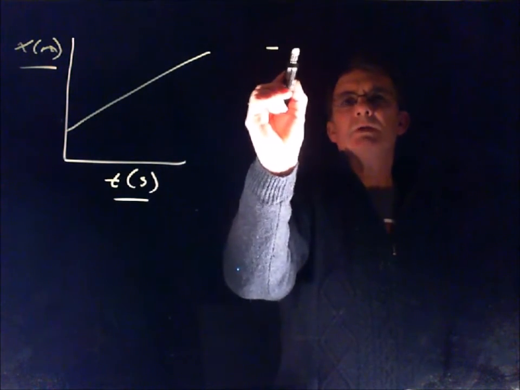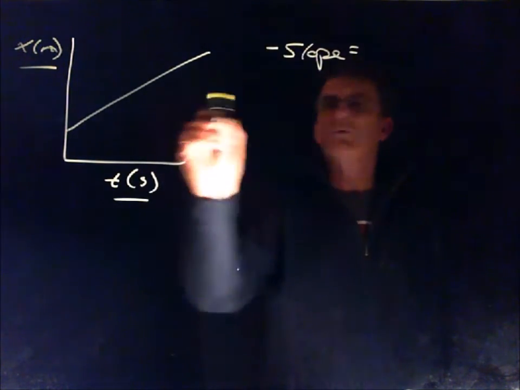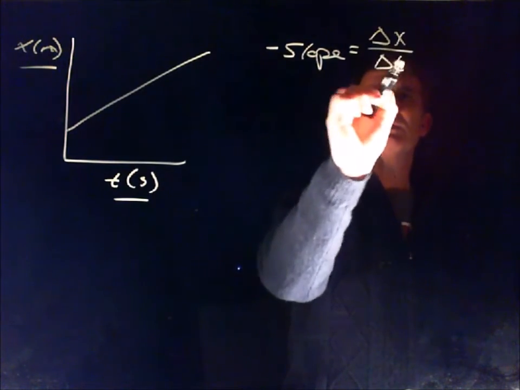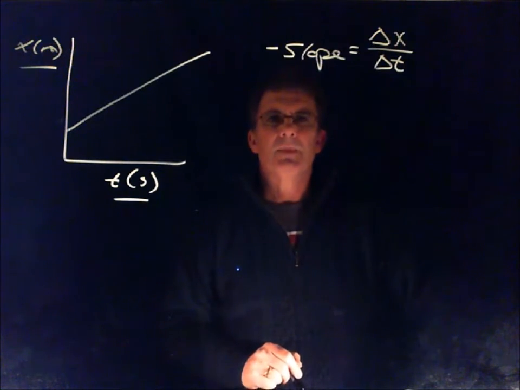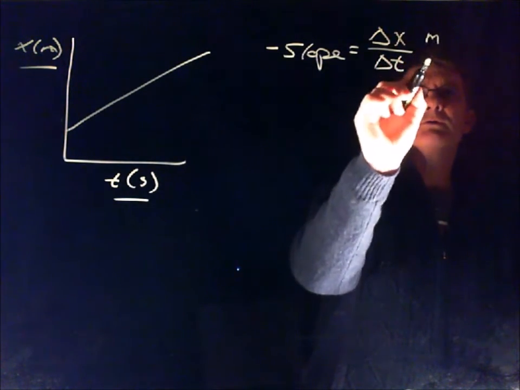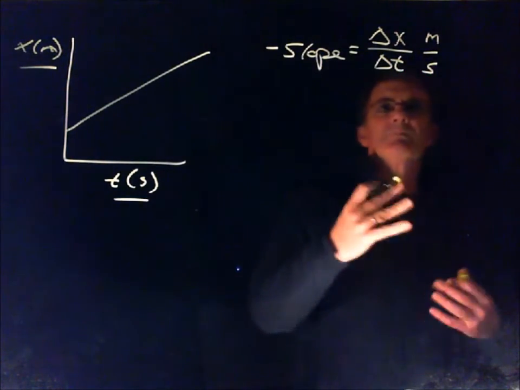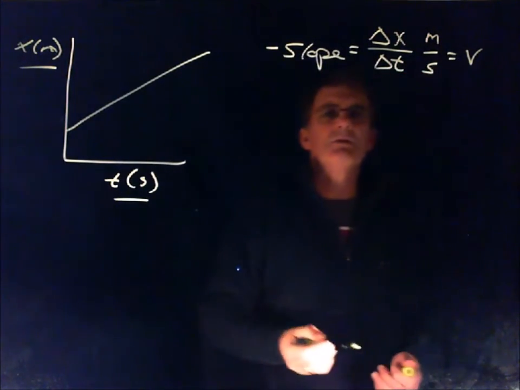Then I want them to think the slope. In a position versus time graph, this is the change in x over the change in time. This is my change in y over change in x, my rise over run. In units, meters and seconds. And so what this tells me is my slope is the velocity, how fast something is going.